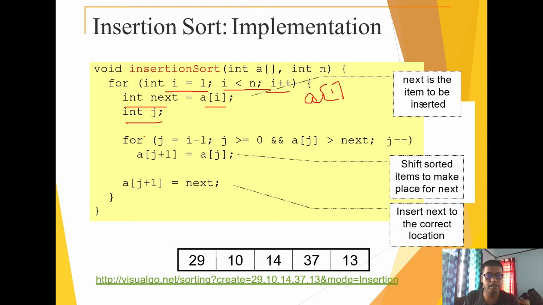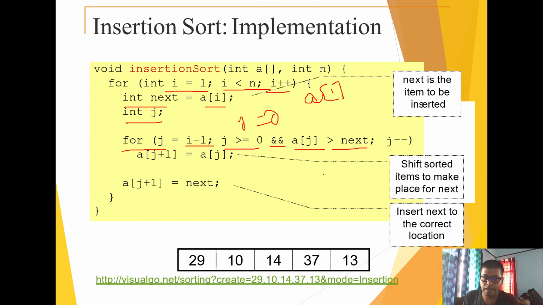We define int j, so j equals i minus 1, initially j equals 0. While j is greater than or equal to 0 and a[j] is greater than next, then a[j plus 1] equals a[j].